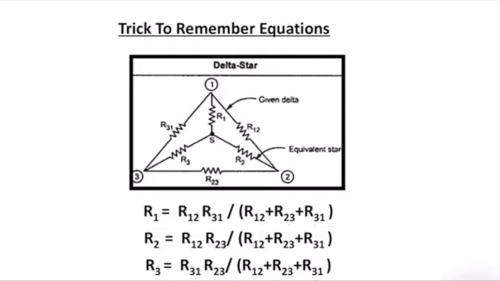It is very important to understand that for whatever element you are calculating, you multiply the adjacent elements of that particular element and divide by the addition of all elements. Okay, so that is the final result for delta to star conversion.